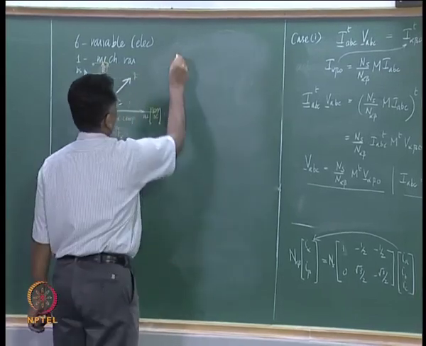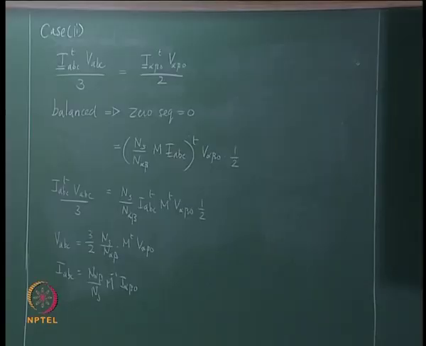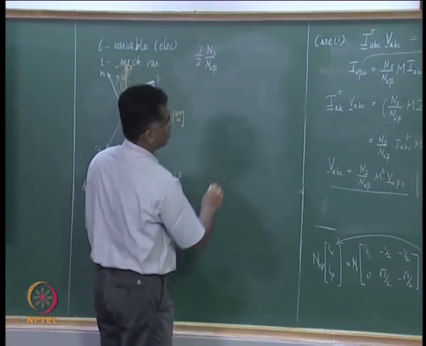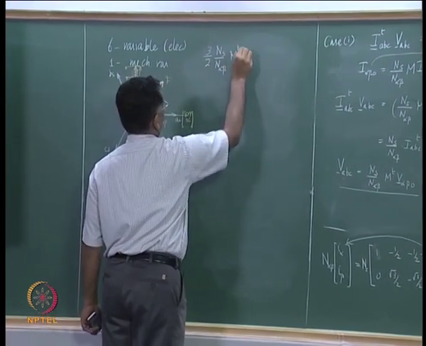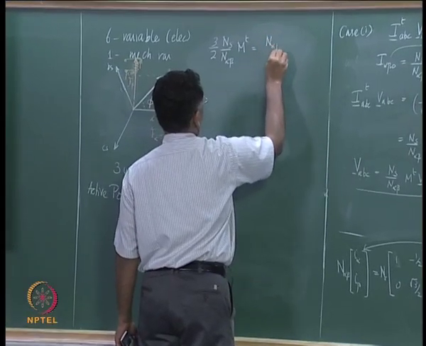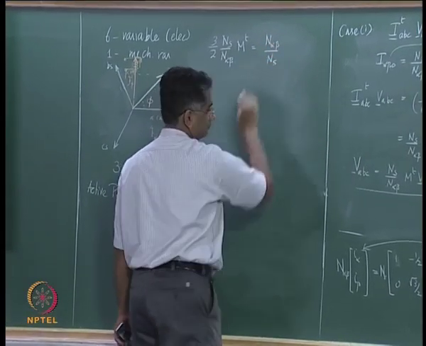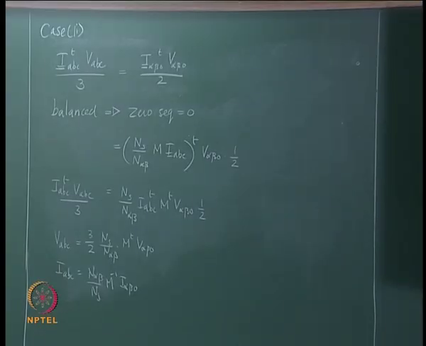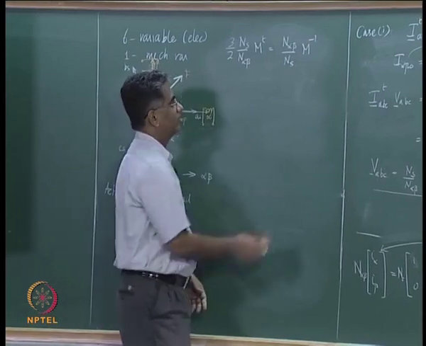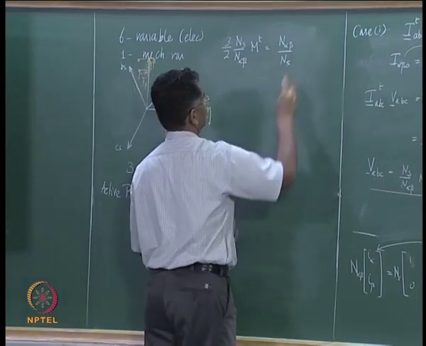So what we want is 3 by 2 times ns by n alpha beta multiplied by m transpose should be equal to n alpha beta by ns into m inverse, and we know that m inverse is 2/3 of m transpose.